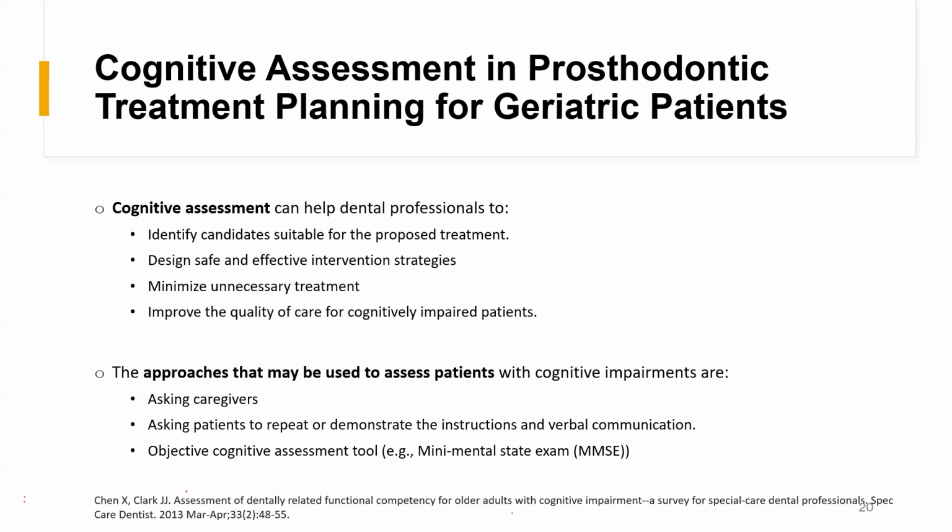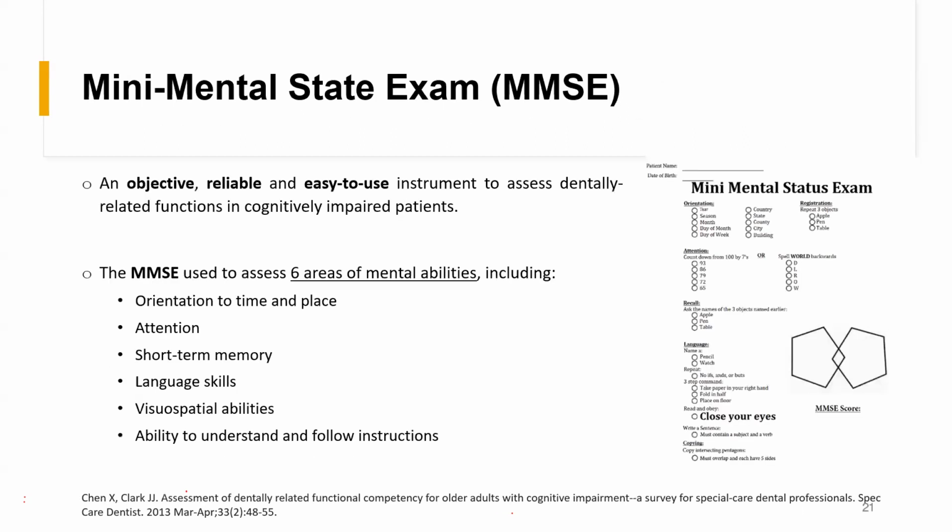Also, we can ask the patient to repeat or demonstrate the instructions and verbal communication. And finally, we can assess the cognition using objective cognitive assessment tools that can be used to assess the cognition of geriatric or older patients. For example, the mini mental state exam is an objective, reliable, and easy to use instrument to assess dentally related function in cognitively impaired patients.